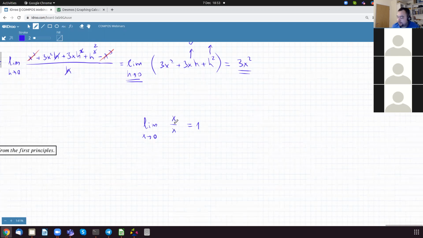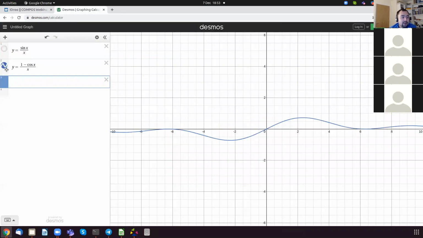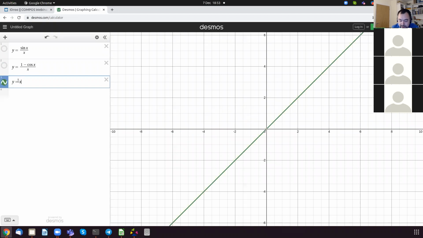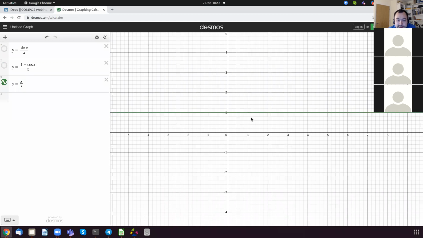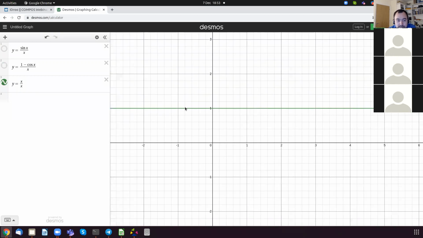So what does that mean? Well, let's look at a graph. Y is equal to x divided by x. And obviously, you see it's 1. It's the same as y equals 1, the same graph because you can simplify.